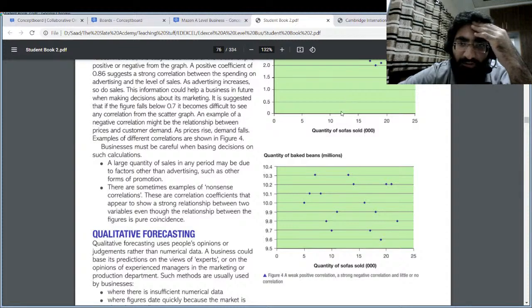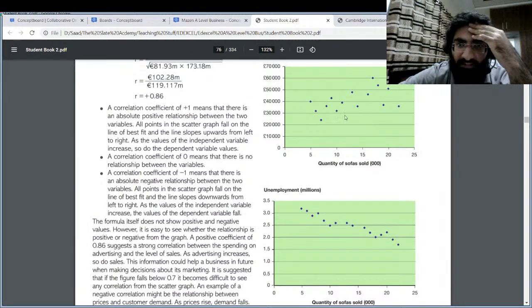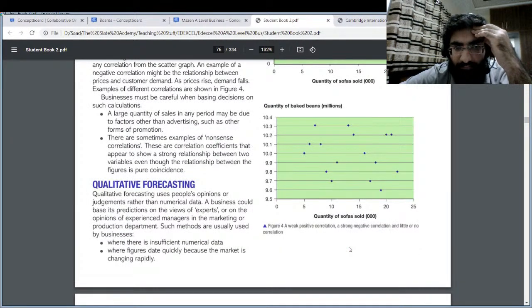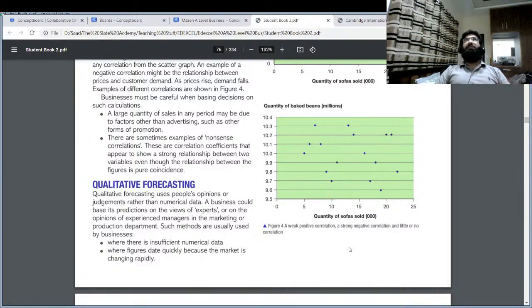Okay. So in the first one, I said when there is a positive correlation, we see an upward trend line. When there is a negative correlation, we see a downward trend line. And when there is no correlation, we cannot really plot a trend line. So all the forecasting that we have studied right now is quantitative forecasting.